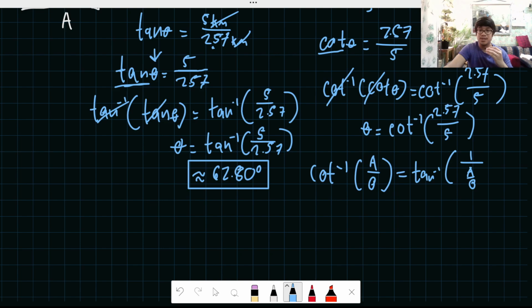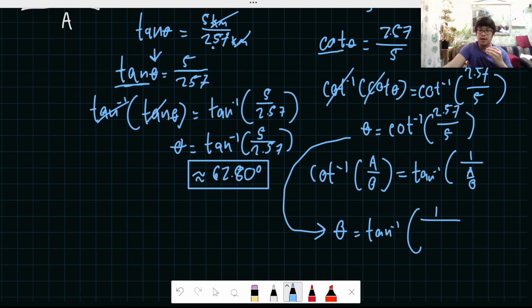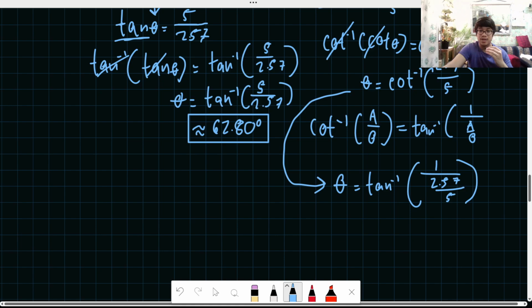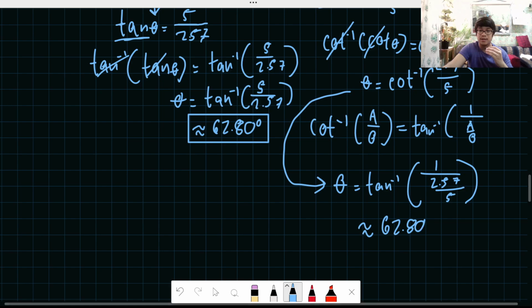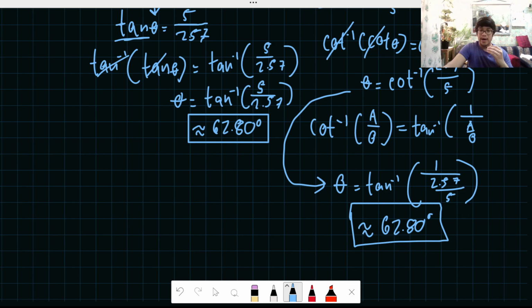That means, instead of using inverse cotangent of 2.57 all over 5, we can just use inverse tangent of 1 all over 2.57 all over 5. And our answer here is still the same, which is 62.80 degrees. That's it.